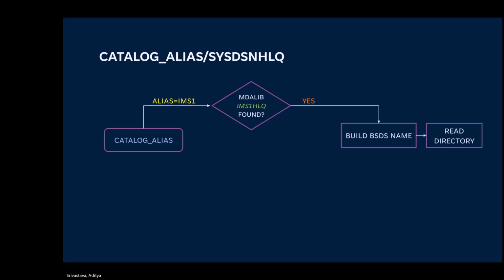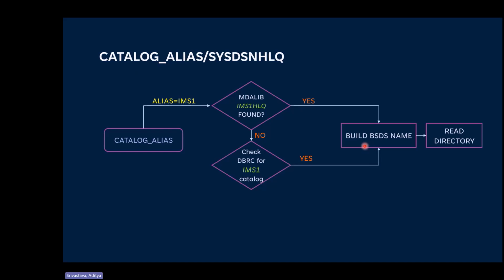But let's say I don't find this MDLIVE member in it, then what will happen? Then it tries to check in DBRC if there is an entry for the IMS1 alias name or not. If you find the entry for the IMS1 alias name, then you get that HLQ, and then you follow the same process.